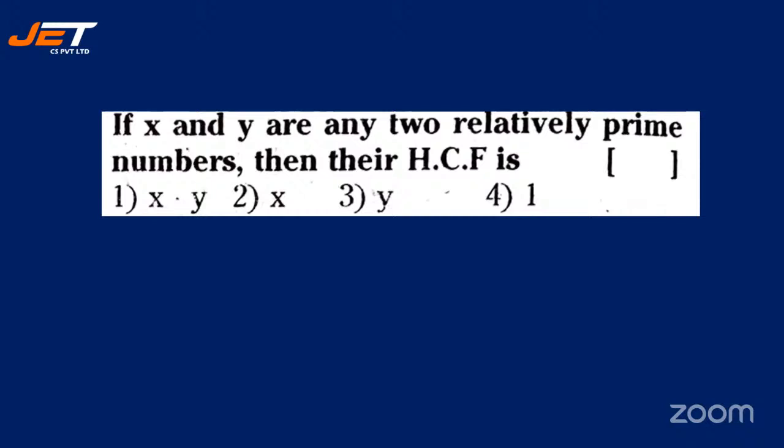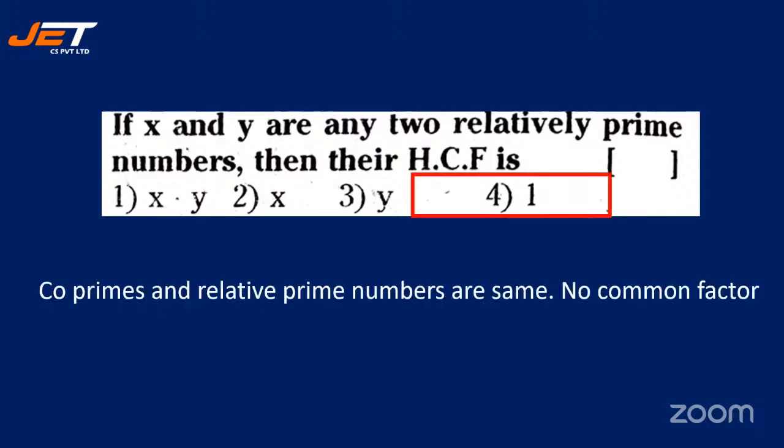If x and y are any two relatively prime numbers, then their highest common factor is dash. X into y, x, y, 1. It is 1.